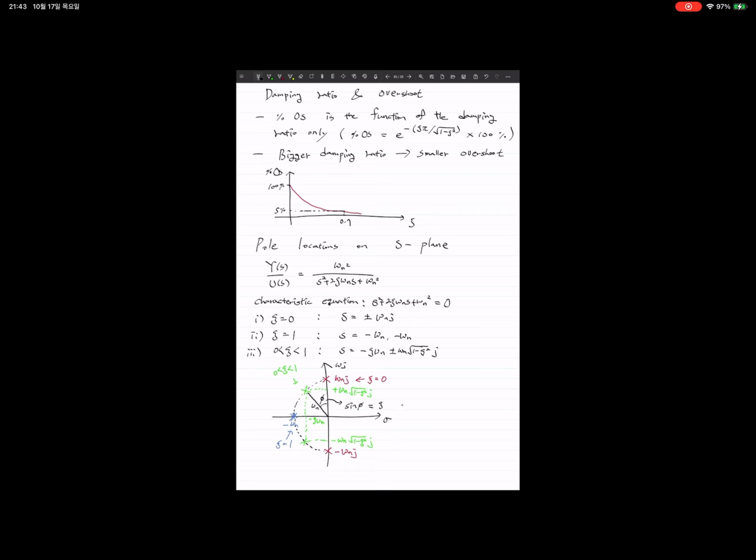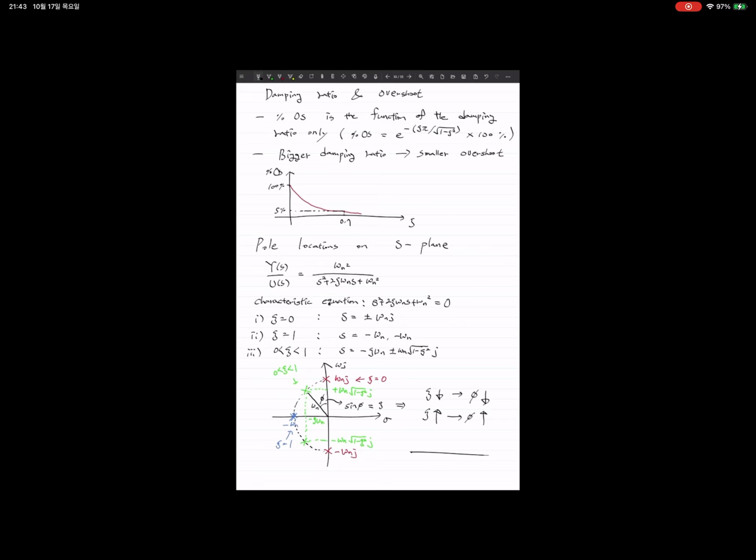So as you can see, if zeta decrease, then phi decrease, and zeta increase, then phi increase.